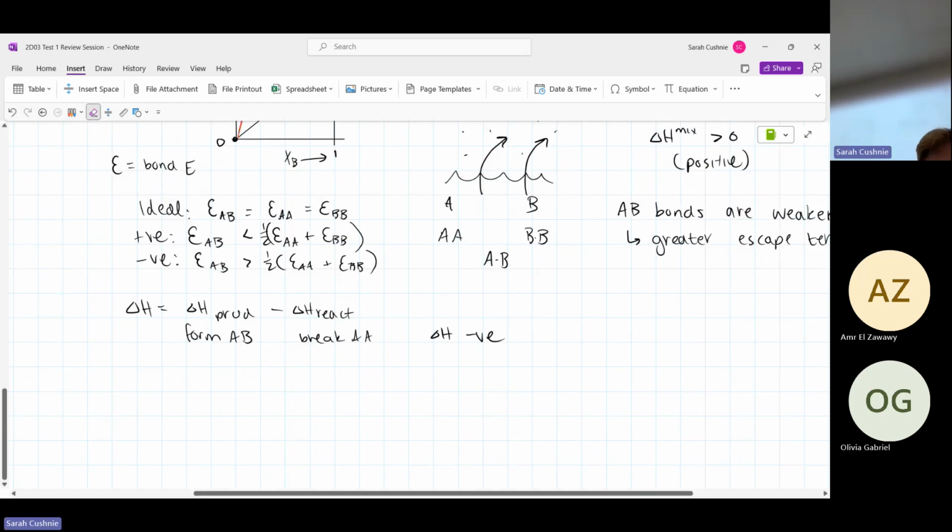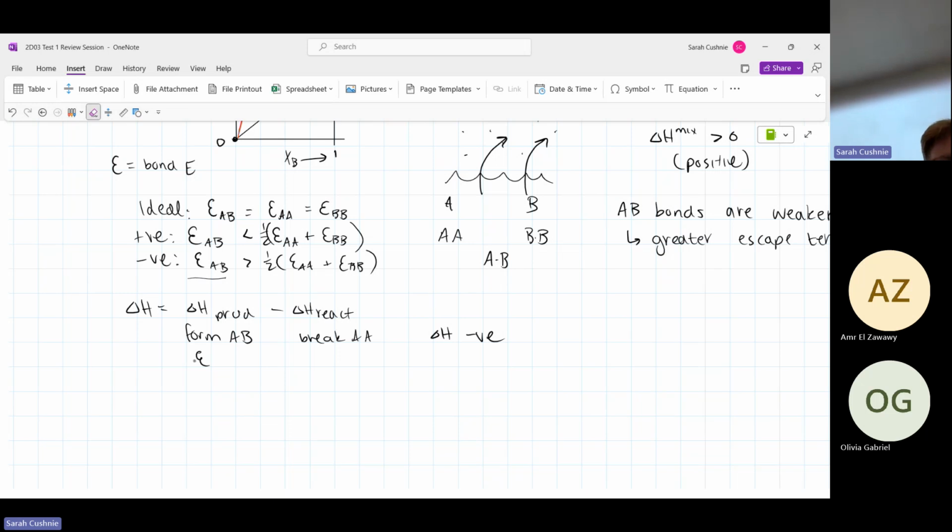And delta H of these bonds, I believe, is actually negative. I could be completely tripping up here, but when it is really happy in the AB form, we're going to have EAB, and the energy is bigger than AA or BB.